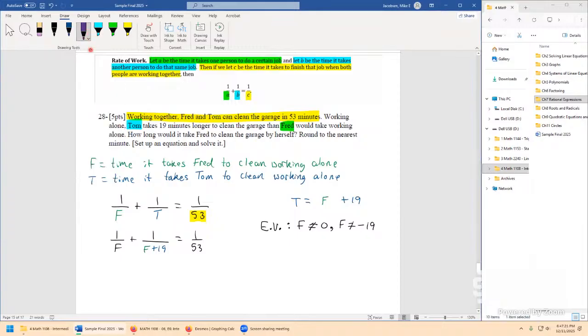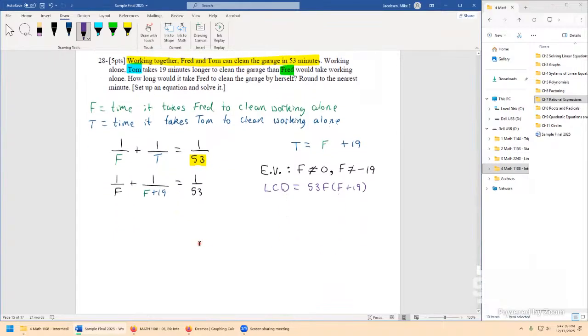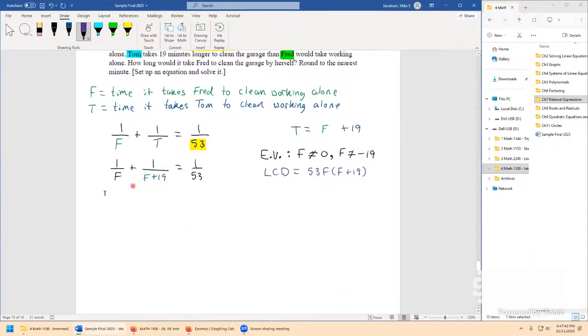The next strategy in solving a chapter 7 equation is using the least common denominator. For this configuration, everything's fully factored, so the least common denominator would just be 53 times f plus 19. This is the smallest quantity we can put in all 3 numerators in order to cancel out the denominators.